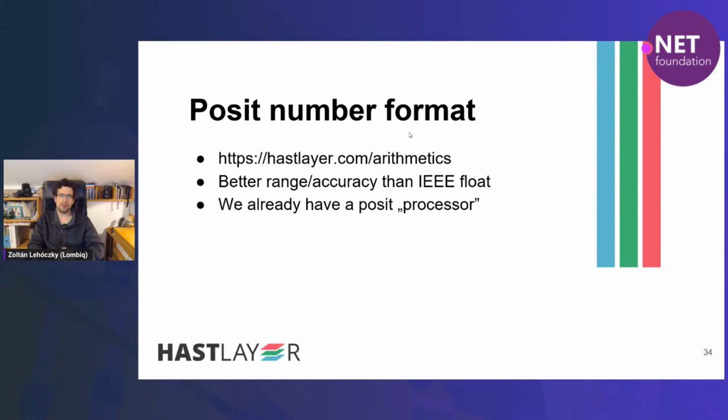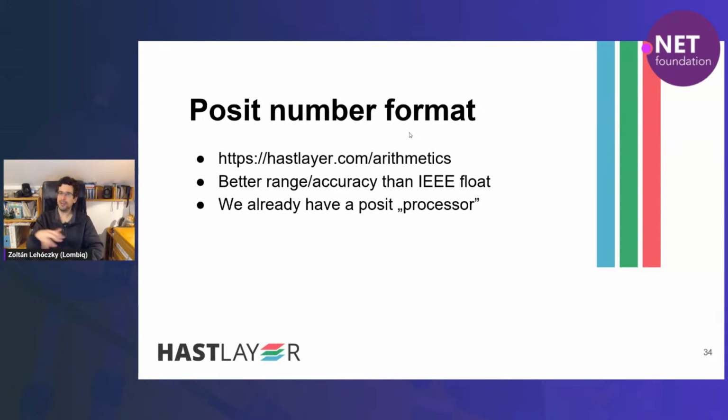We also have support for a number format called posits. Now, when it comes to working with fractions, probably you don't really think much about them because you just use double in .NET, or perhaps float if you want to be careful, or perhaps decimal if you are working with money. But pretty much that's about it.